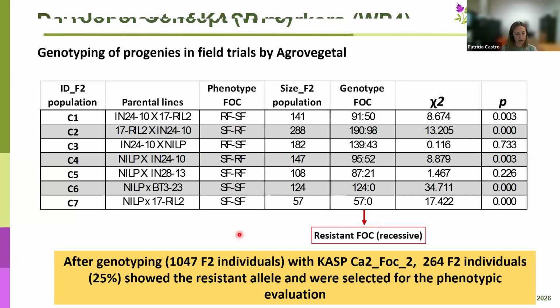The marker has allowed us to select 264 F2 individuals carrying the resistant allele, which represents a major advantage for the breeding program because it reduces the number of individuals that need to be phenotyped in the field to confirm the resistance, and also will help to accelerate the breeding process.